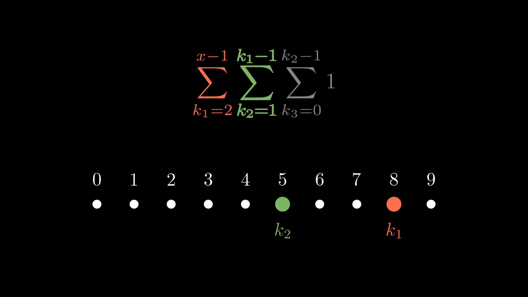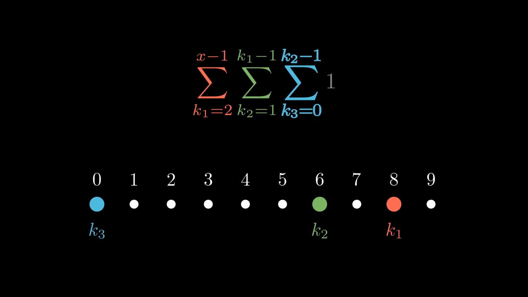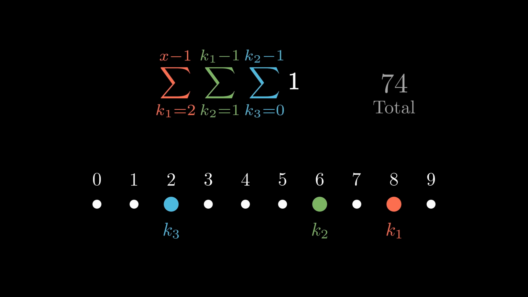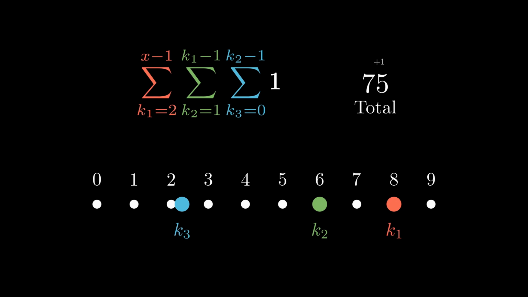Now for each value of k2, k3 starts at 0, and it increases by 1 at each step, going up until it's directly to the left of k2. Then the third sum is finished, so k2 increments, and k3 starts over at 0. Finally, for each step we're adding 1, so I'll keep track of the running total, and each time k3 moves, we add 1 to it.